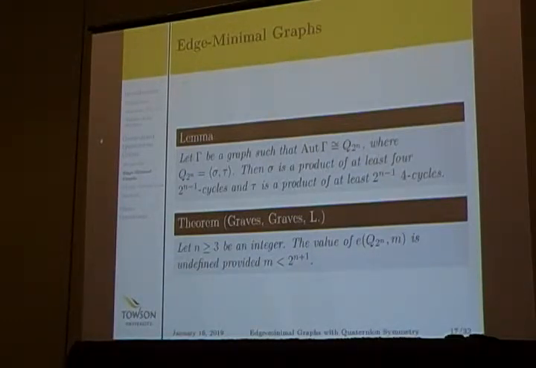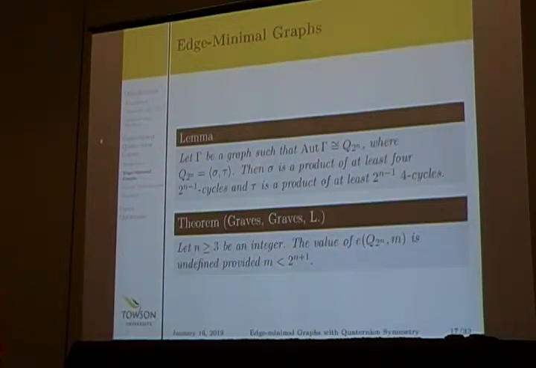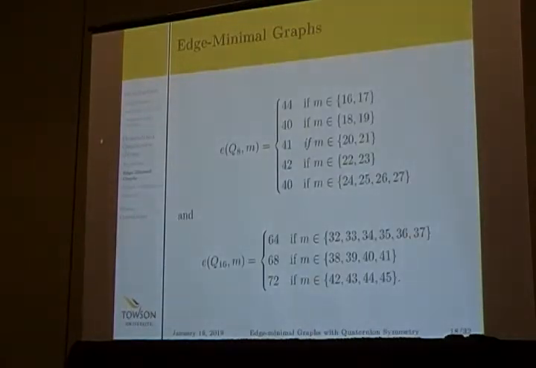Okay, so what happens if m is larger or equal to this value, or slightly larger? Okay, so this is where Q8 becomes its own special case. All right, so I've put some small values here.